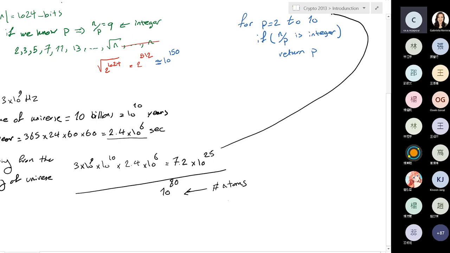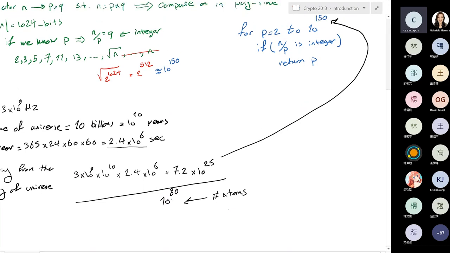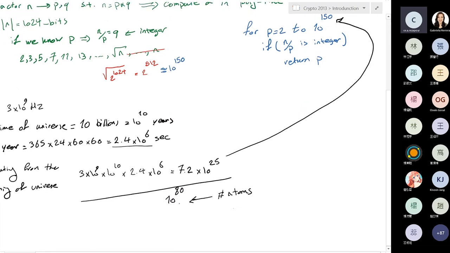Remember, the number of atoms in the universe. If we want to be very generous, we can multiply this number by what we have up here, and then again, you will see that they are not even close to this number.